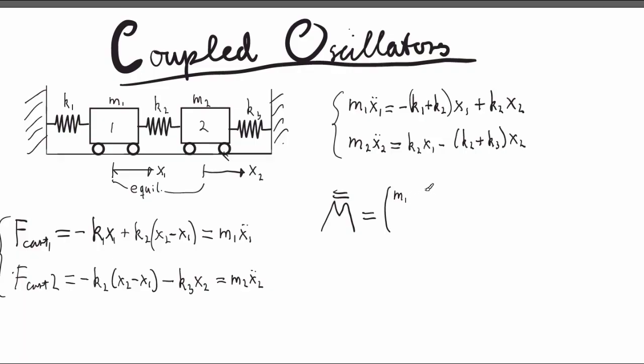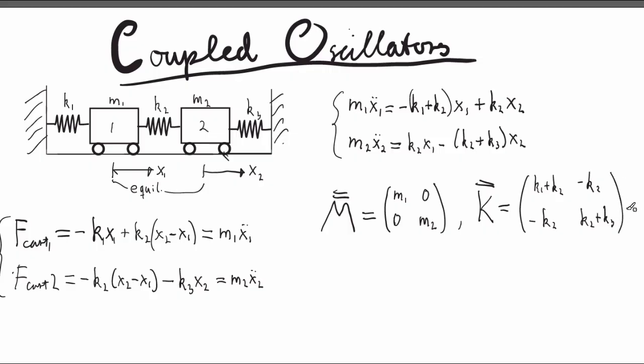So I write M1, 0, 0, M2. And we're going to introduce a K matrix similarly. And it is equal to K1 plus K2 and minus K2 on the first row, and minus K2 and K2 plus K3 on the second row.